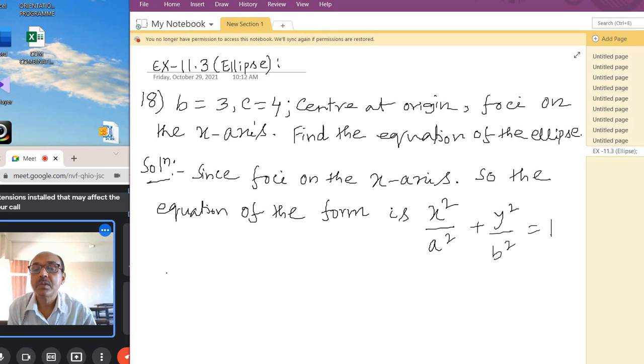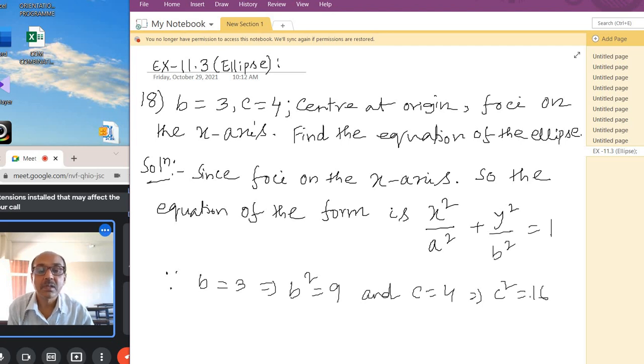So since b equal to 3, that is b square equal to 9, and c equal to 4, so c square equal to 16.